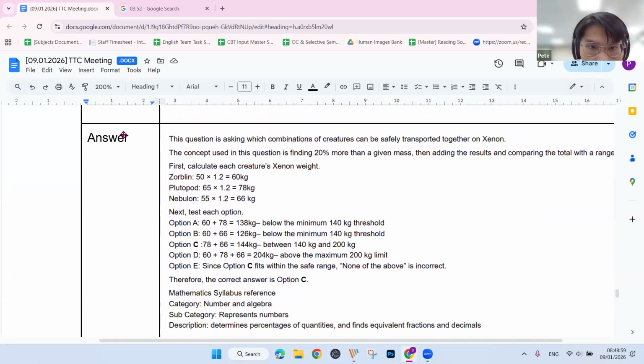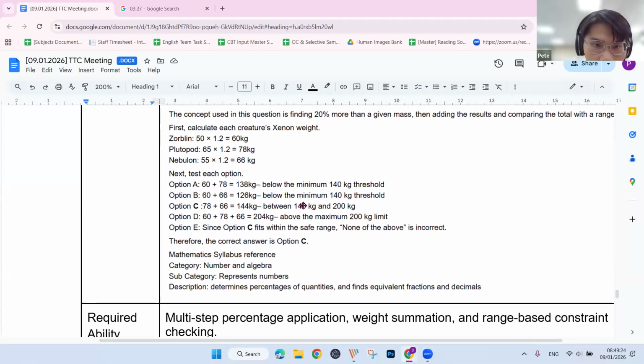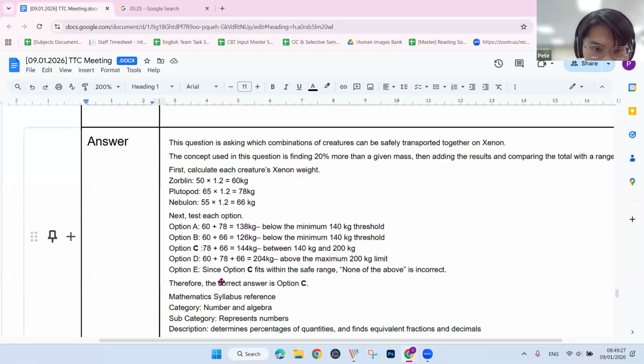First, we need to find the weight of each creature on the planet Xenon. We know they are 20% heavier, so the Joplin would be 60 kilograms, the Plutopod would be 78 kilograms, and Nebulon would be 66 kilograms. Now we only need to test each option.